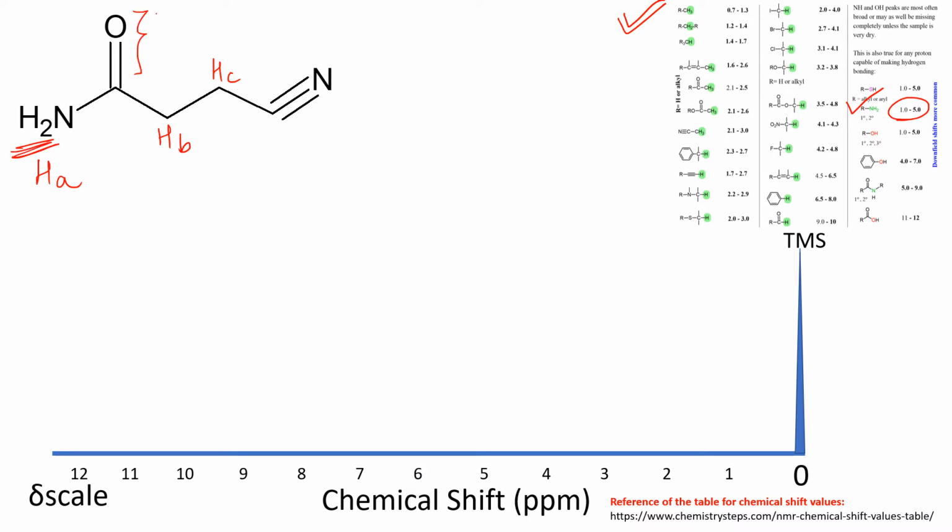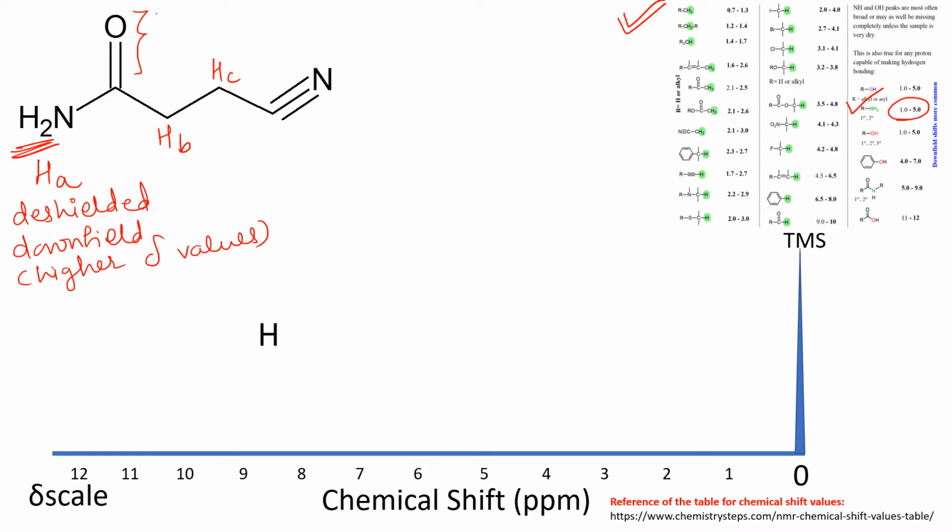Because of this carbonyl group, there is more deshielding. These two protons are more deshielded, and thus they will appear downfield, that means at higher delta values. So according to me, they will appear in the range 8 to 9 ppm.